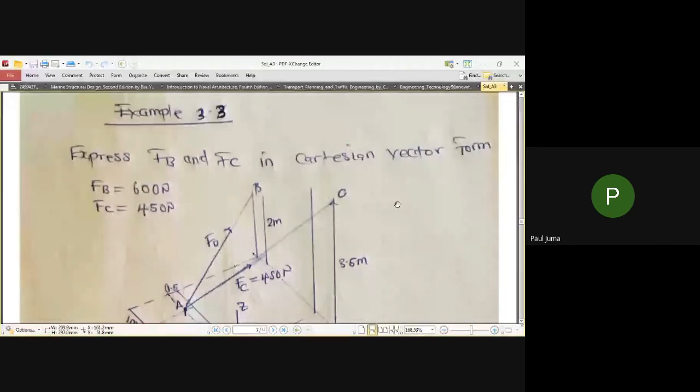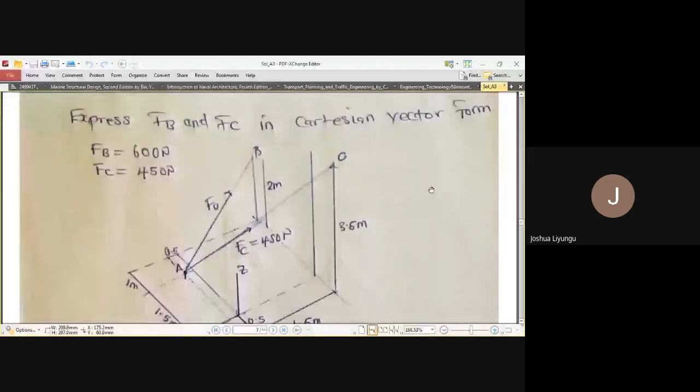So you first get the coordinates of A, and of B, and of C. Then you find where the force FB lies.